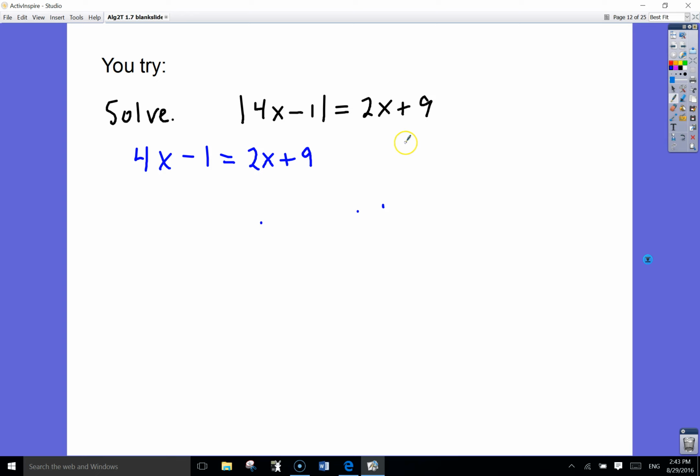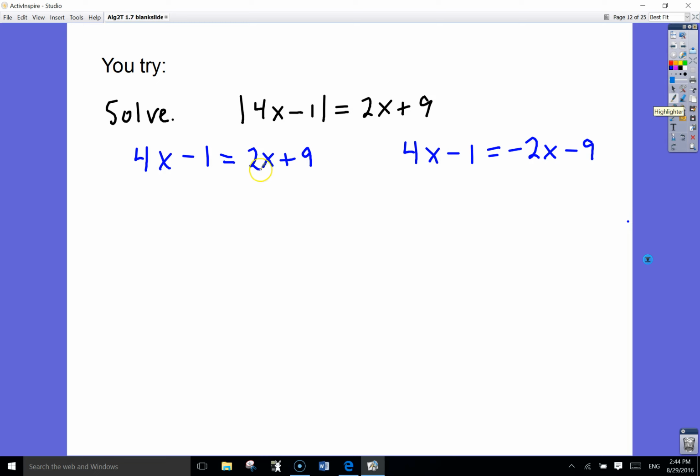And next, you take whatever's inside the absolute value, and you set it equal to the opposite of the right-hand side, which is negative 2x minus 9. It turns both of those negative. So make sure if you've got more than one term that you remember to do that.